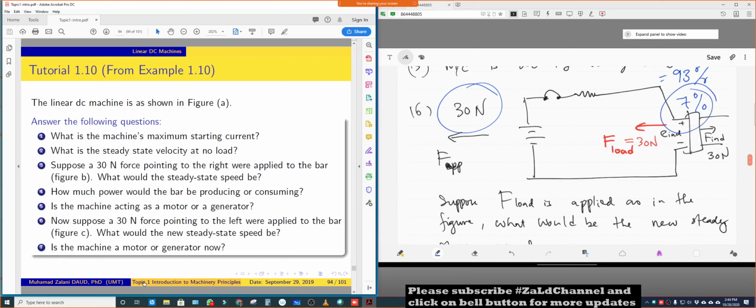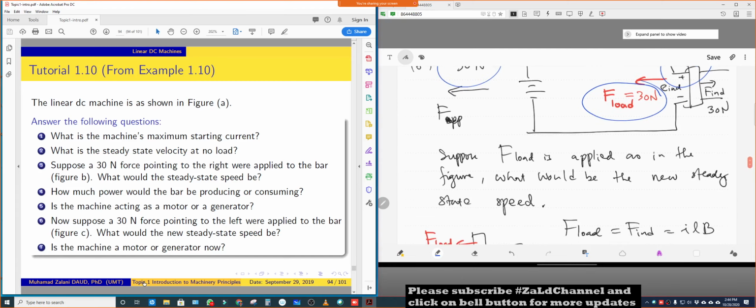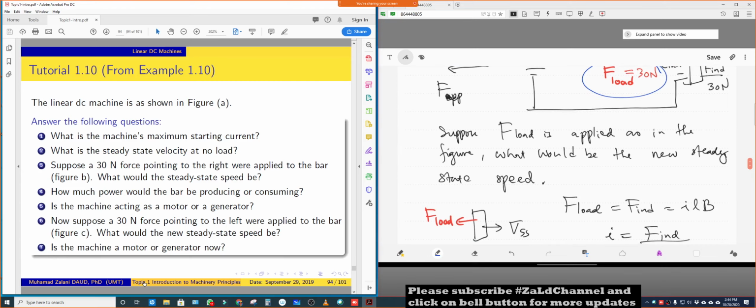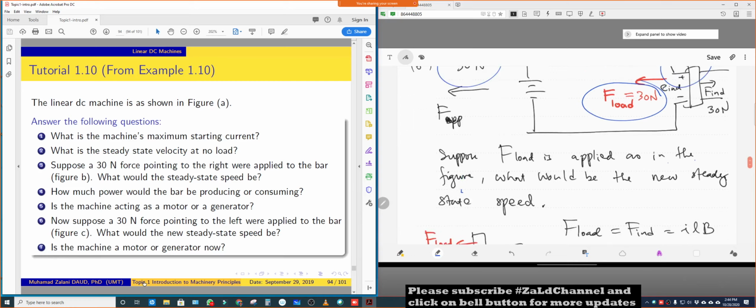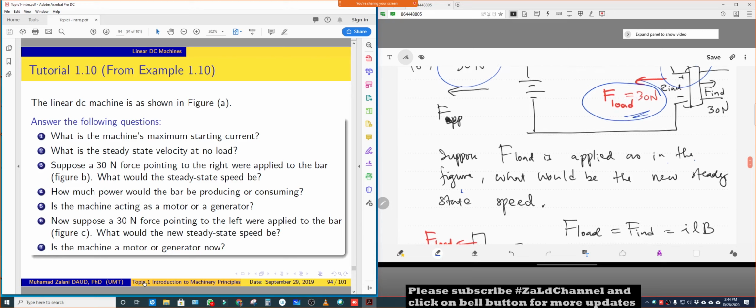So what happens is the bar starts to reduce its speed, up to another steady state speed. As written here, suppose F load 30 Newton is applied as in the figure. What will be the new steady speed?